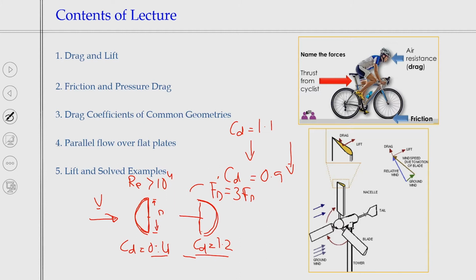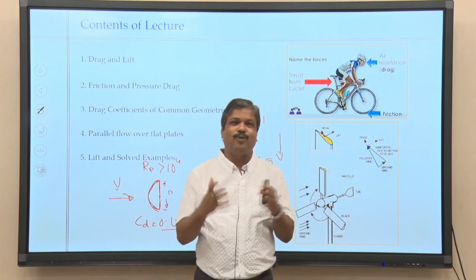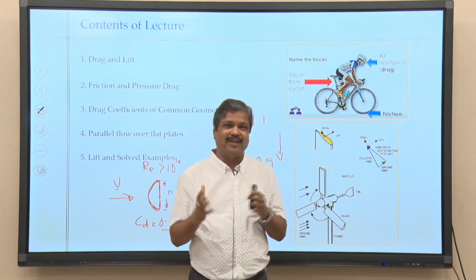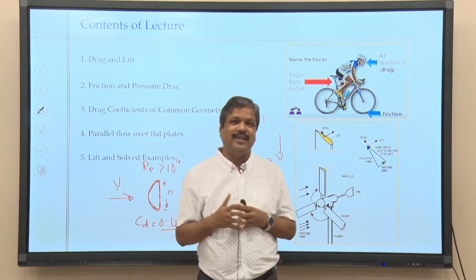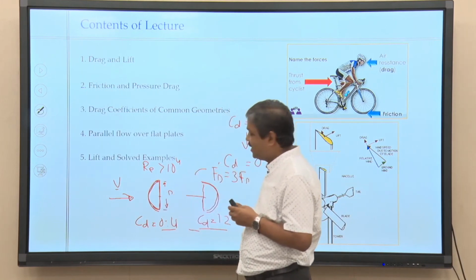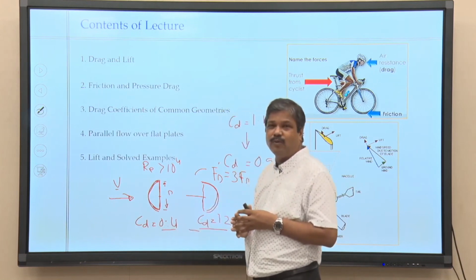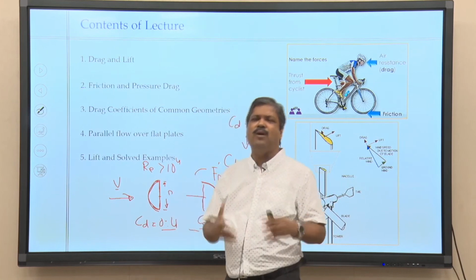That is what you can experience when it is raining, how to handle the umbrellas. That is the way you change the drag force, which is almost 3 times higher, with CD going from 0.4 to 1.2. There are a number of examples.